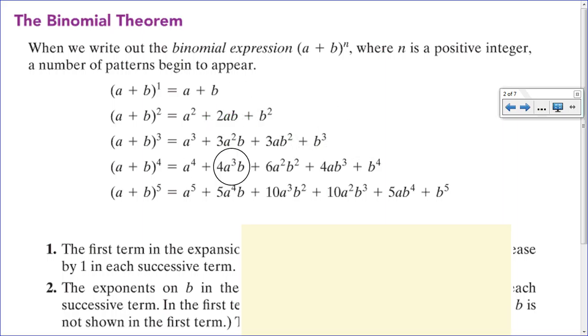So those are the binomial expansions for A plus B to the power 1, to the power 2, to the power 3, to the power 4, and to the power 5.